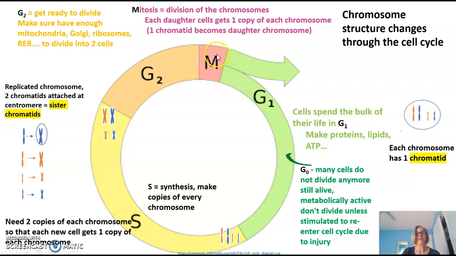Once the cell has gone through the process of dividing up the sister chromatids to become the daughter chromosomes, it will go through a process of cytokinesis, and that is cell division. It's very important to keep the process of cytokinesis separate from mitosis. Very often, students assume that mitosis is part of the cell division, but it's actually just the division of the chromosomes.